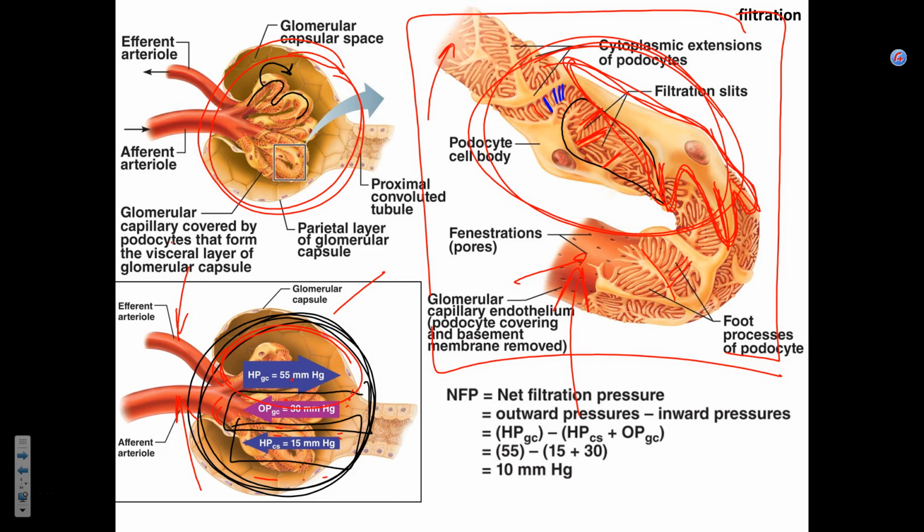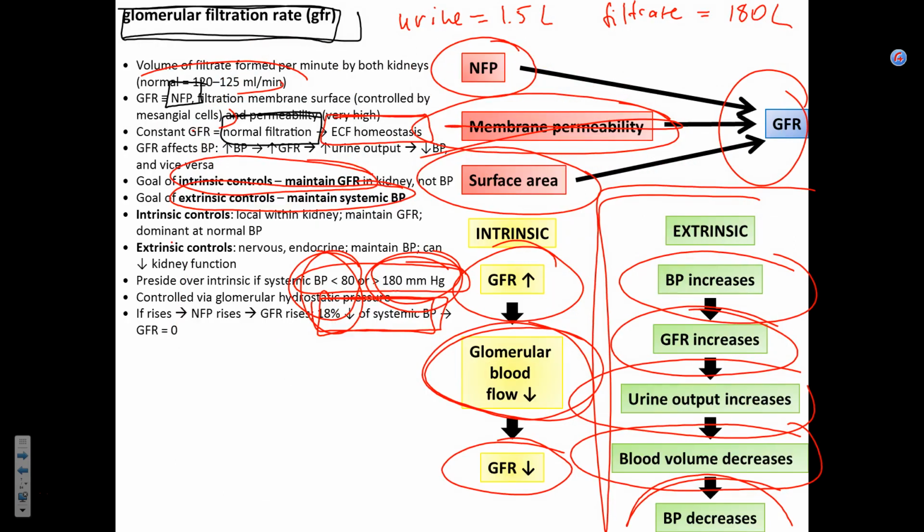Does that make sense? So this fairly moderate decrease in blood pressure will lead to zero filtration. Why is zero filtration bad? Why is it so bad to have GFR at 0?